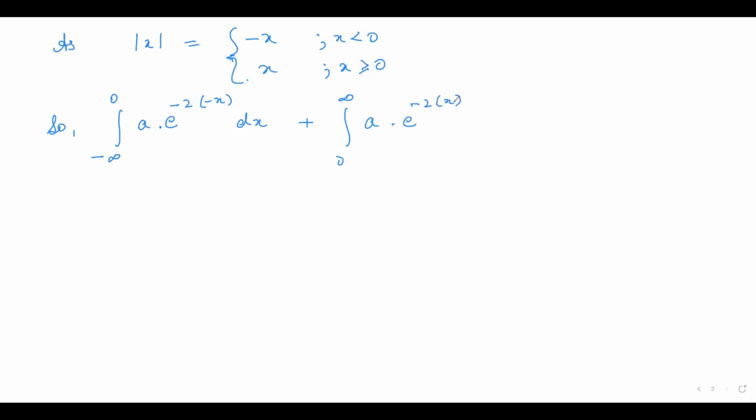So instead of mod x, we are substituting the values of mod x as minus x and x depending upon the interval.